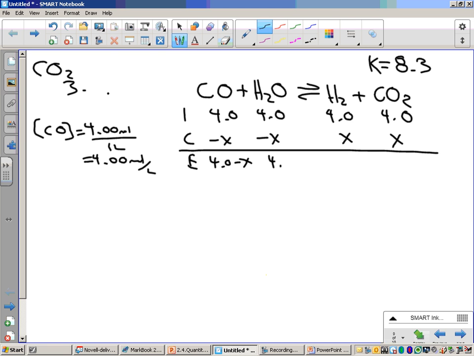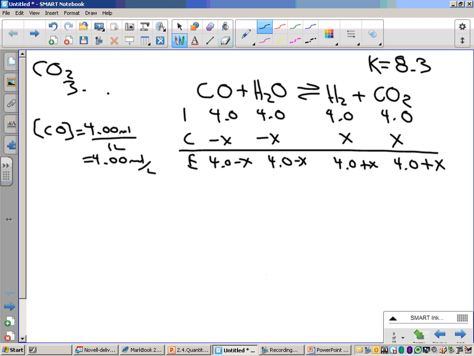4.0 minus x, 4.0 minus x, 4.0 plus x, 4.0 plus x. Now at this point, it brings us to a situation where we have nothing to solve for x for. In the past, I've given you one of the E's, and you just simply solve for x and away you go.